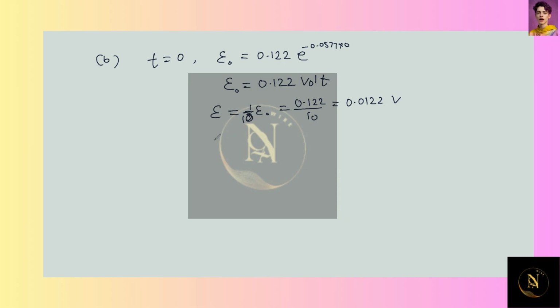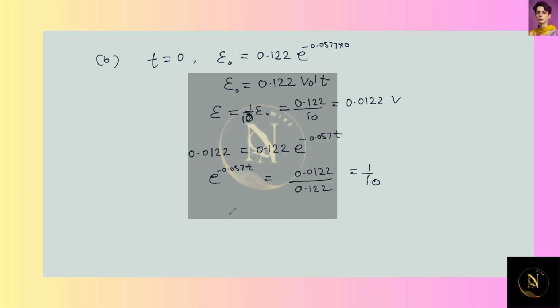Using the equation, 0.0122 is equal to 0.122 times e raised to the power minus 0.057 t. So e to the power minus 0.057 t will come out to be 0.0122 divided by 0.122, or we can say 1/10.